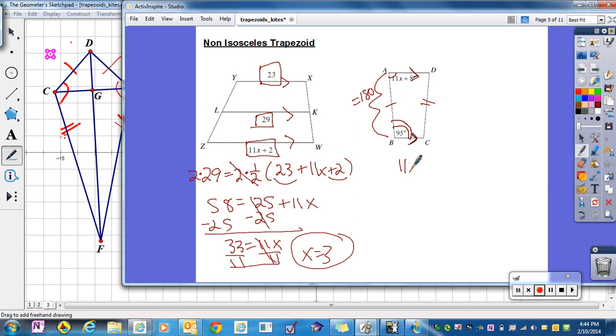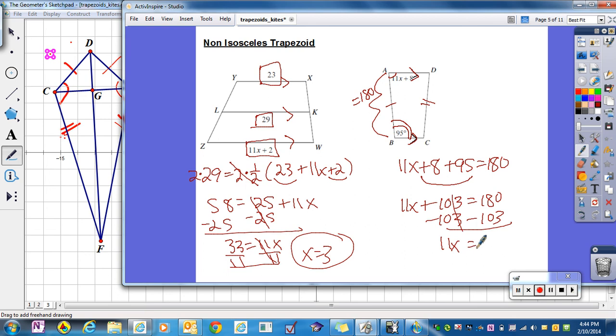So I say 11x plus 8 plus 95 equals 180. So 95 plus 8, when I combine my like terms, is going to be 103. So I have 11x plus 103 equals 180. Subtract 103 on both sides. So I get 11x is going to be equal to 77. Divide both sides by 11, and you get that x is equal to 7.